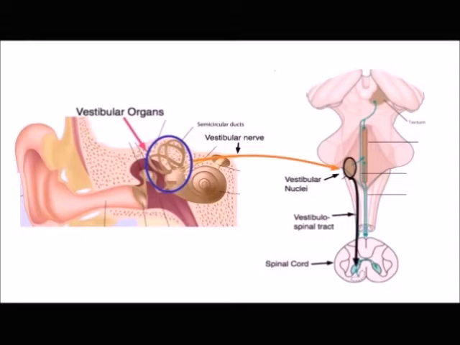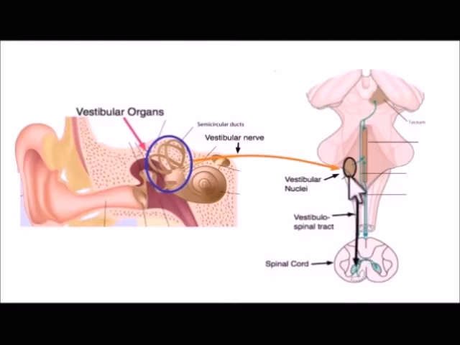Now you will be asking me how the movements of the eye are controlled by the vestibulocerebellum. If you look at this image, again from the vestibular apparatus, the vestibular nerve enters the vestibular nuclei, and the vestibular nuclei give the vestibulospinal tract that goes down into the spinal cord.